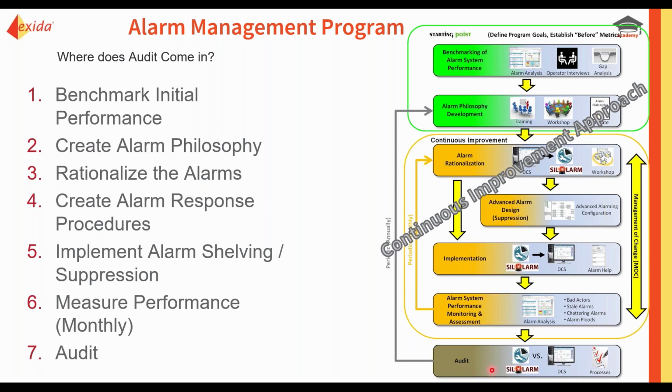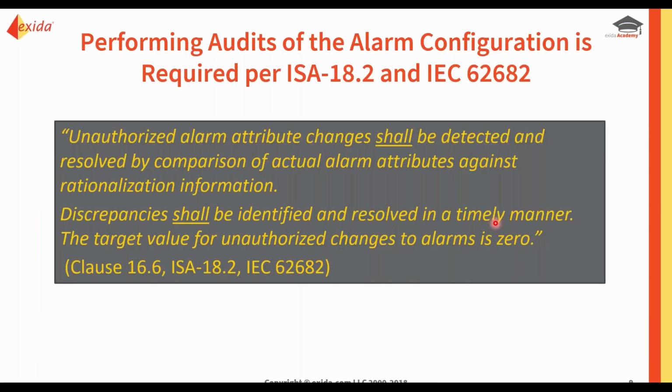So auditing comes on board as a kind of requirement and a useful thing to do after you've done some significant rationalization and established the requirements for how the system should be configured.